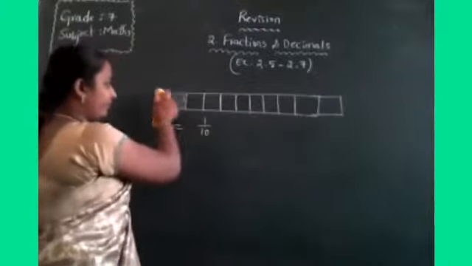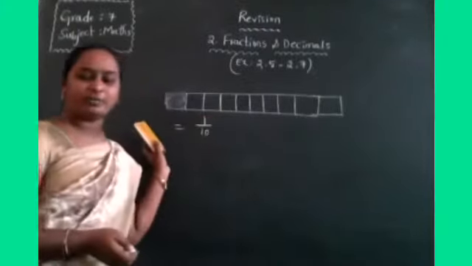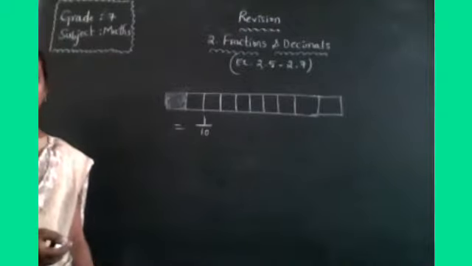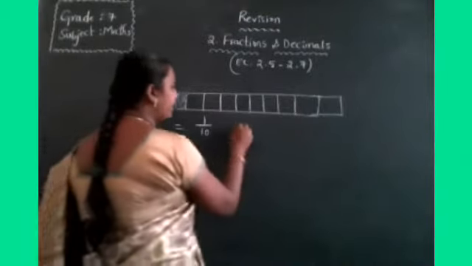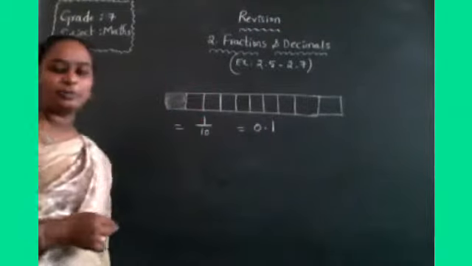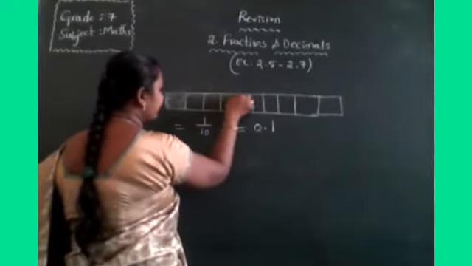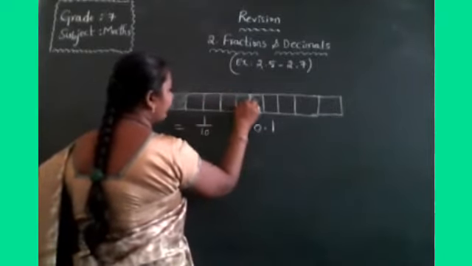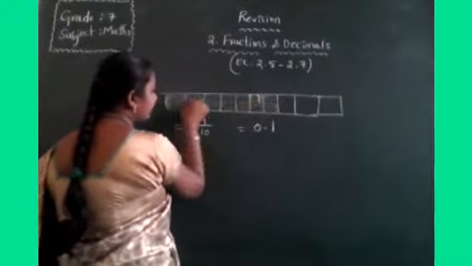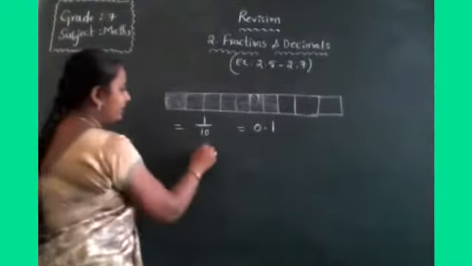How will you write this 1 by 10 in the form of a decimal? Very good. 0.1. If 7 parts are shaded, 1, 2, 3, 4, 5, 6, 7, how will you write it in the form of a fraction? 7 by 10.